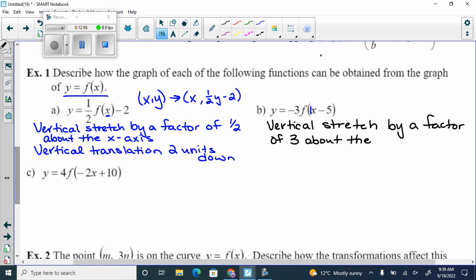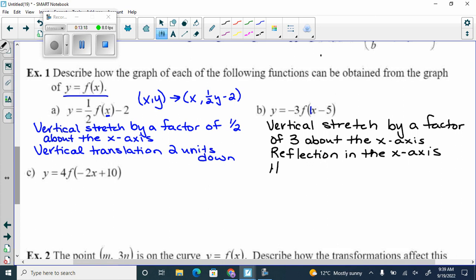Which axis? X. Whenever it's with the y's, it affects the x-axis, right? Of the x-axis. It's a reflection in the x-axis because it's negative. Do you see how I didn't put a negative with this one? It can't be negative for a stretch, right? That's a reflection in the x-axis.